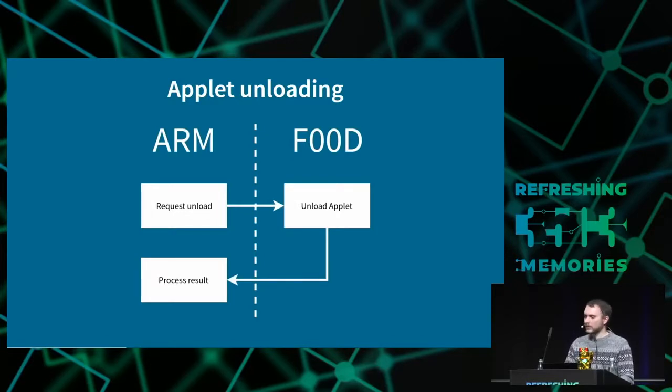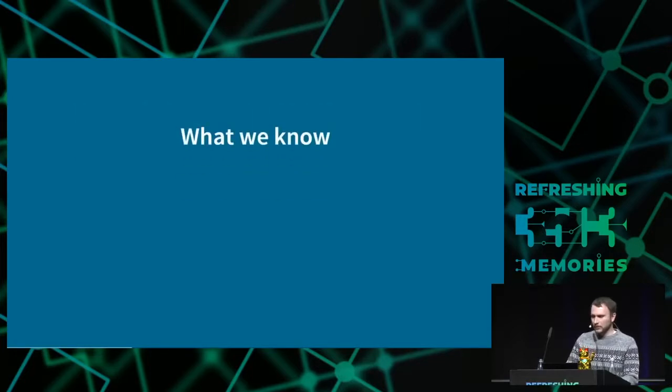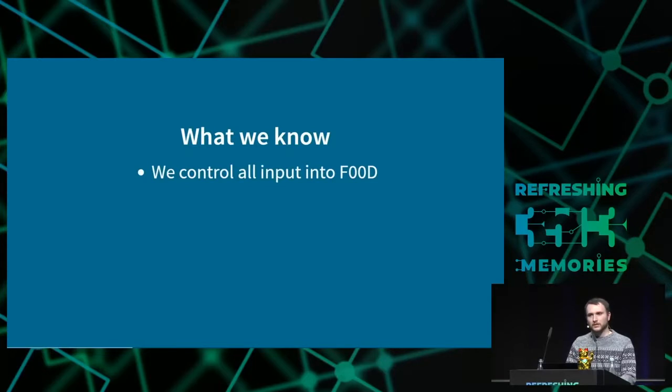So, knowing this, we need to start thinking, how can we actually go about attacking this? So, let's summarize what we know first. We can control all the input into FUD, and importantly, none of this input is checked at all. TrustZone doesn't do it, so we can pass in as much or as little malicious data as we want. We know the memory layout of FUD.